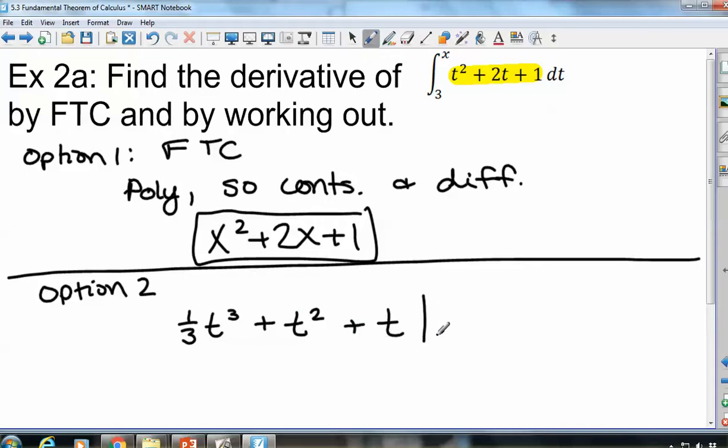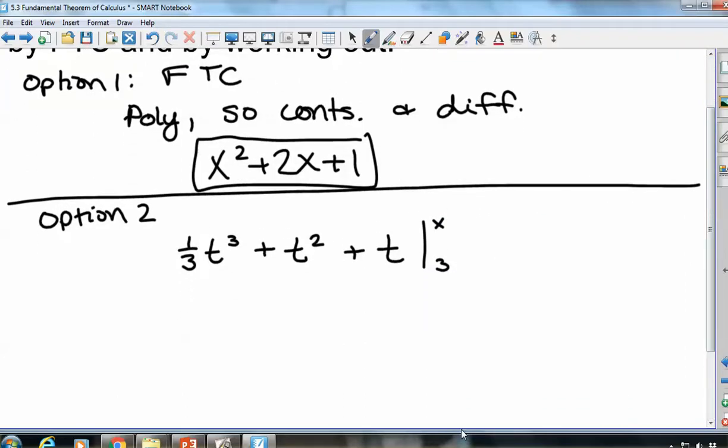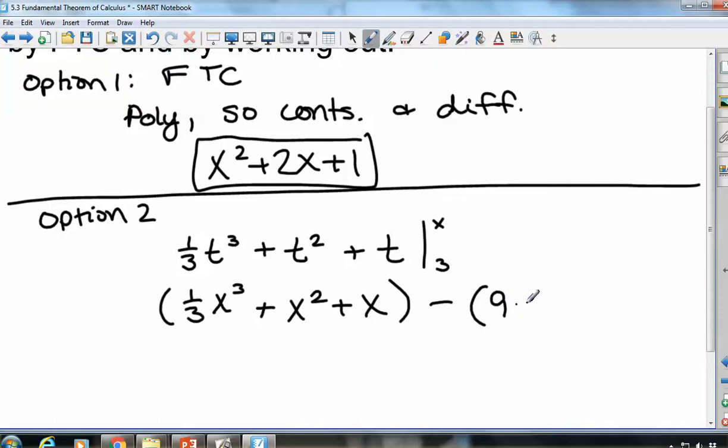Antiderivative of 1 would be t. And I'm going to evaluate that from 3 to x. So if I put in my x, I would get 1/3 x cubed plus x squared plus x minus, if I put in my 3, 1/3 times 27 will be 9 plus 9 plus 3.